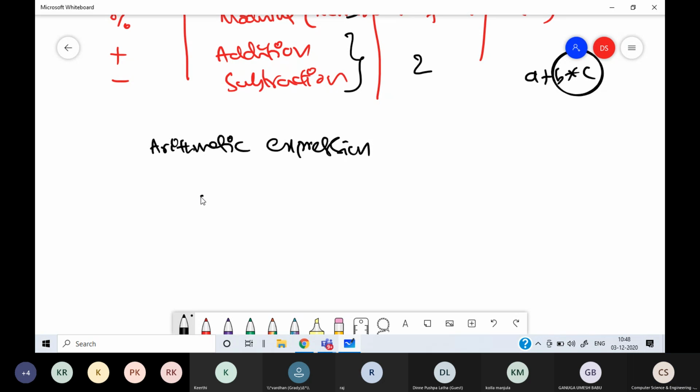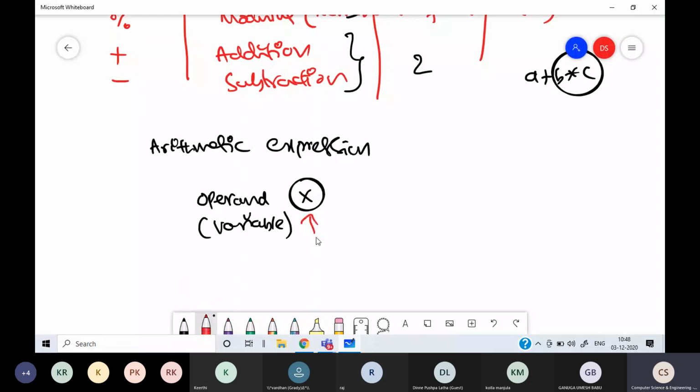An arithmetic expression is built with an operand, then an operator, then another operand. This is how we represent the arithmetic expression. The arithmetic operation we mention here is performed on the operands. Operands are nothing but the variables.